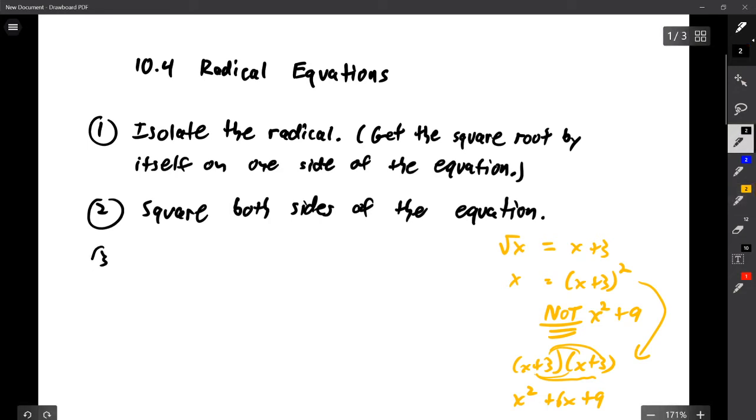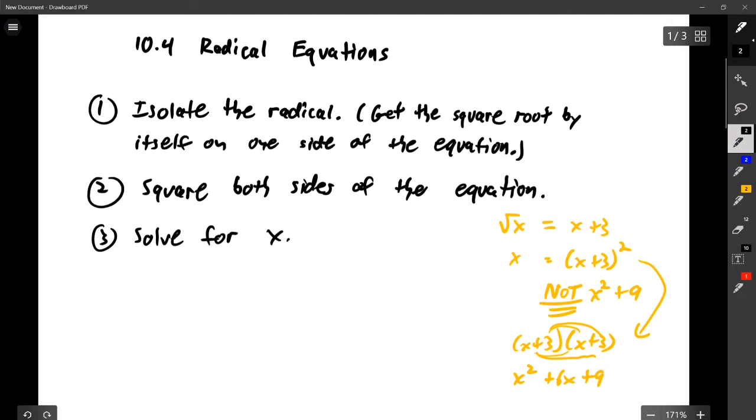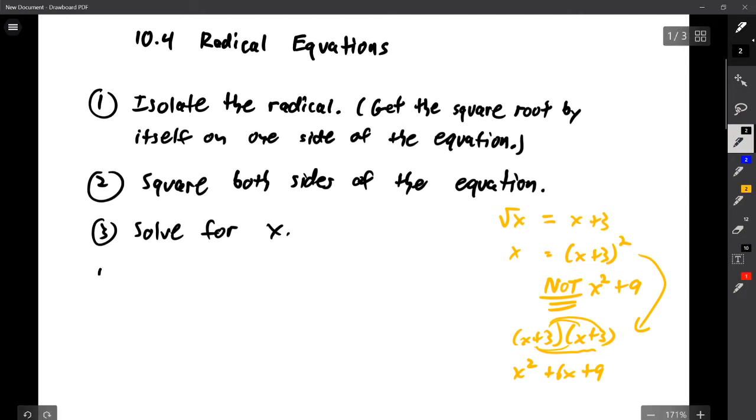And then step 3, solve for x. And a step 4 that sometimes you have to do, check for extraneous solutions.